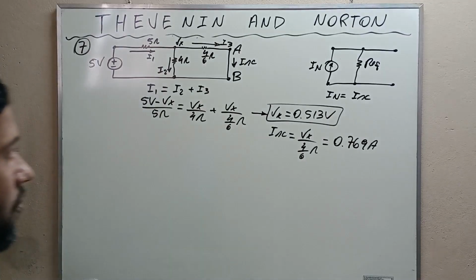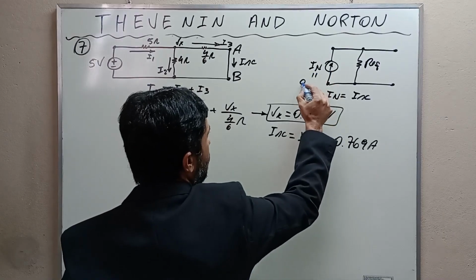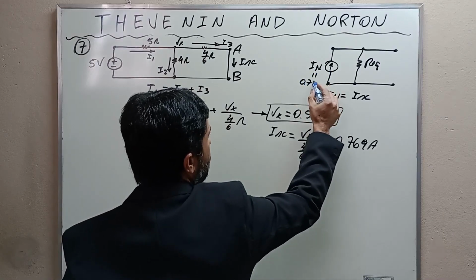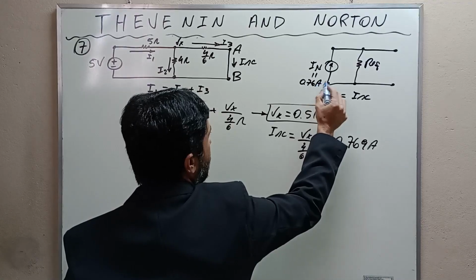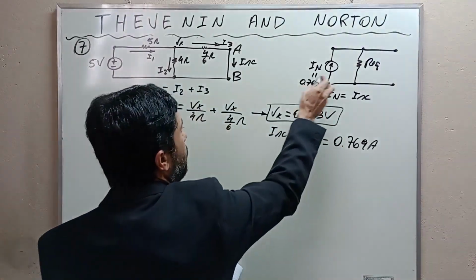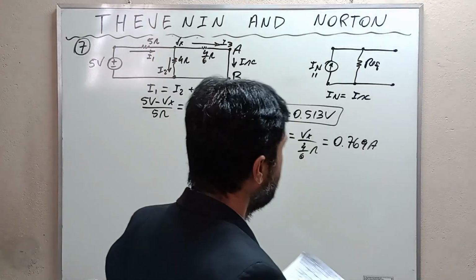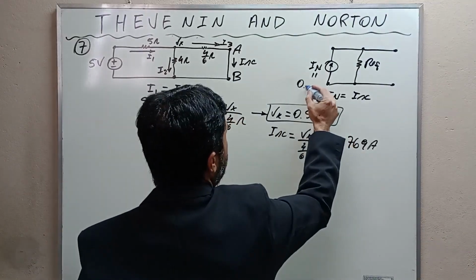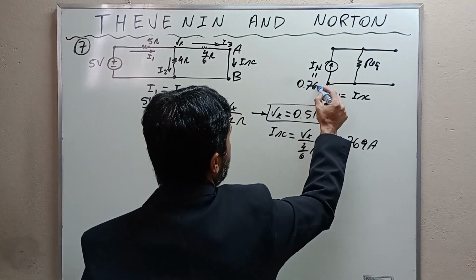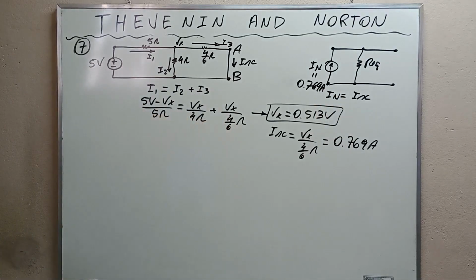Okay, and this is the short circuit current. We have already found it. This is the value of the short circuit current, 0.769 amps.